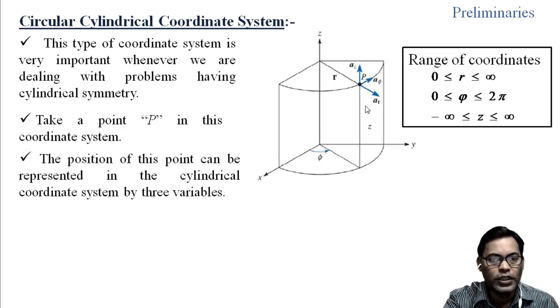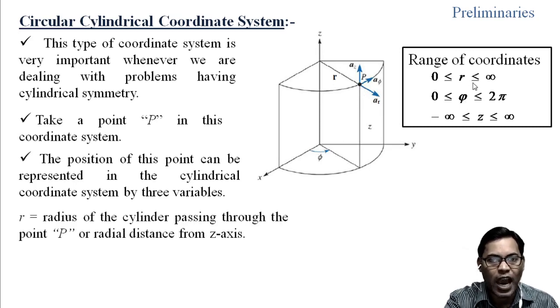So this point can be represented in the cylindrical coordinate system just like we have represented the point in the Cartesian coordinate system in x, y, and z axes. Here we will represent the point P, or the distance vector r from the origin to the point P, in this coordinate system using r, phi, and z.